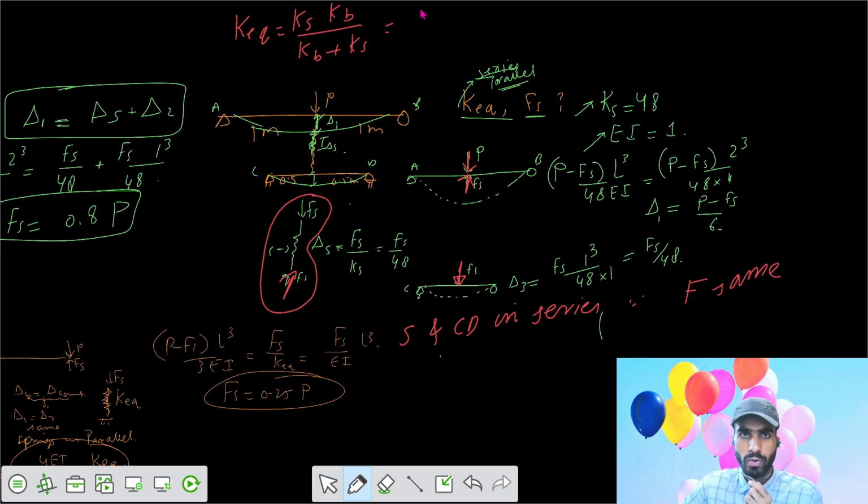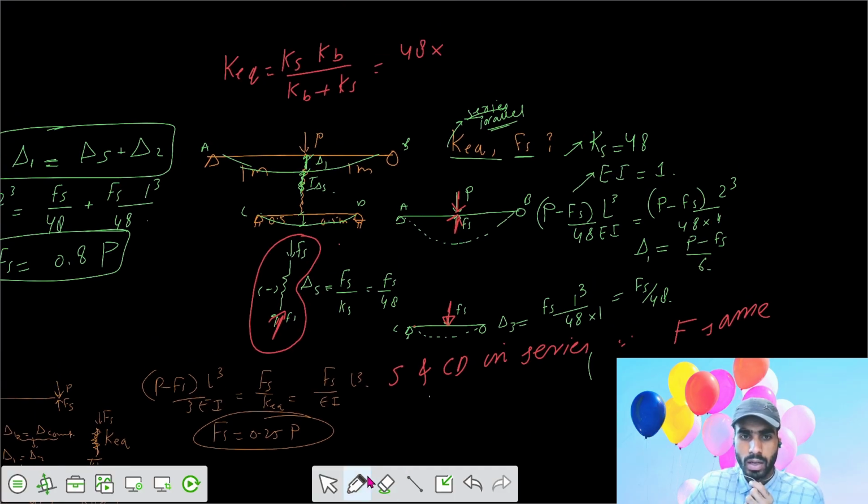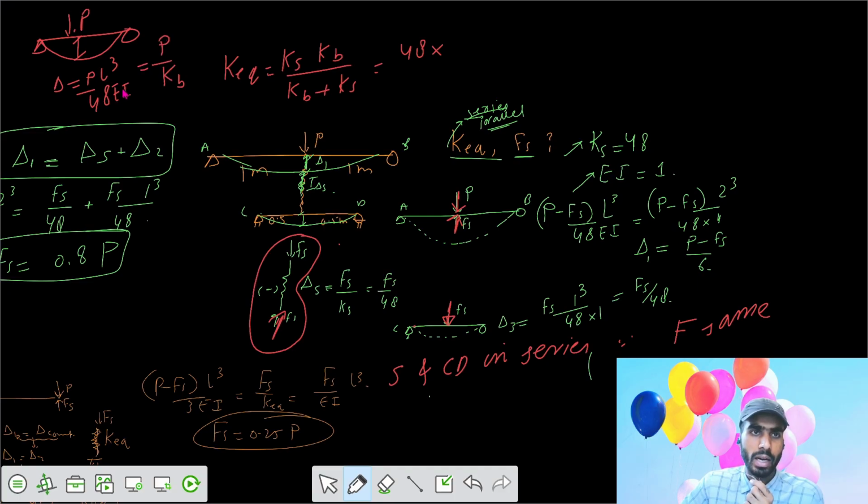K spring was your 48 and k bar is 48 EI upon L cube. Say for this beam, it deflects by an amount delta. We know that delta equals P L cube by 48 EI. If you equate with P by k of the bar, you can get the value of k bar equal to 48 EI upon L cube.